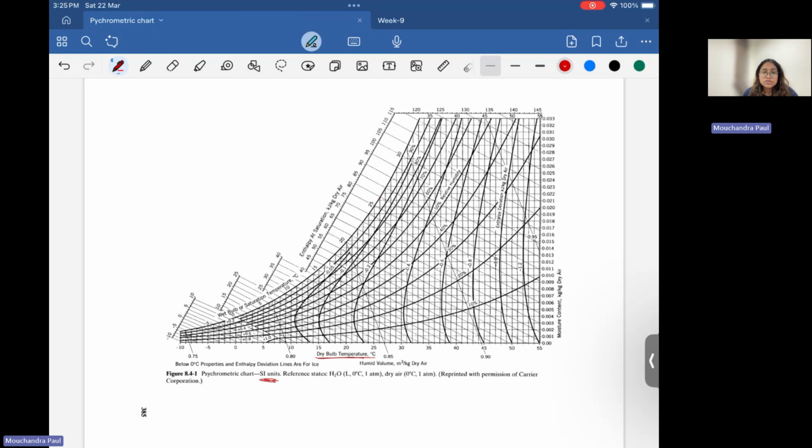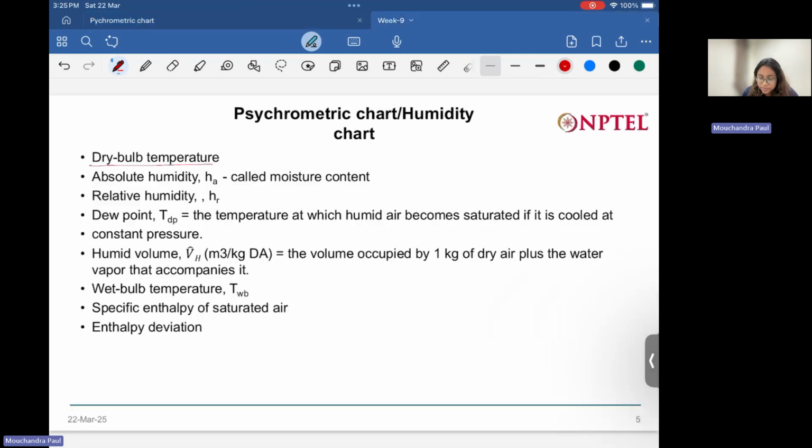Instead of kilojoule, you will see BTU as a unit. Instead of kg, you will see pounds as the unit for mass. So this is your dry bulb temperature axis, starting from -10 to 55 degrees Celsius.